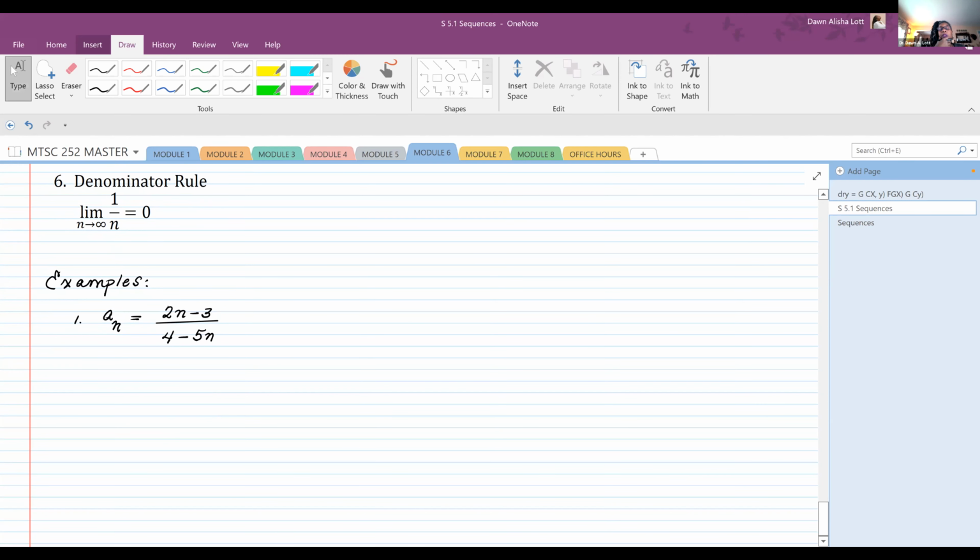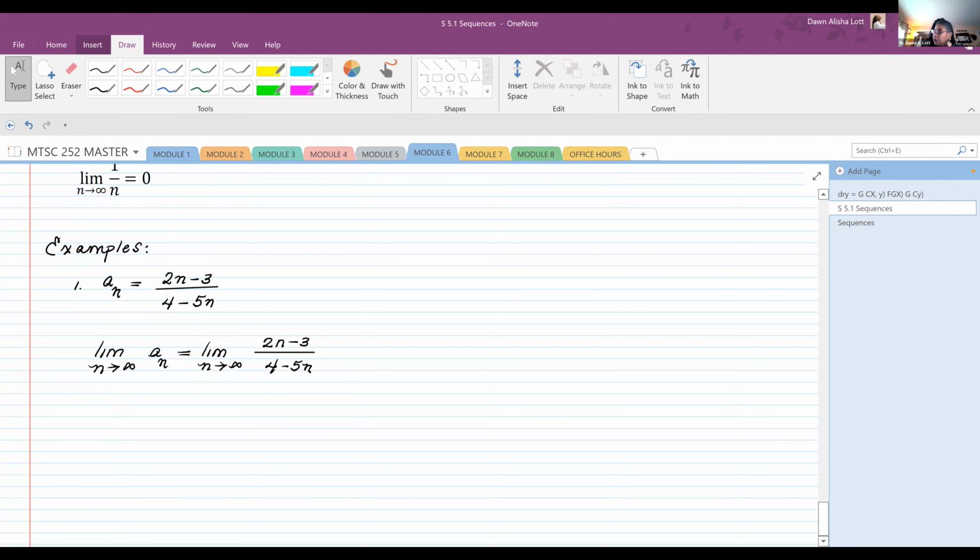What can I use that we learned this semester? So we want the limit as n goes to infinity of a_n. That's the limit as n goes to infinity of (2n - 3) divided by (4 - 5n).